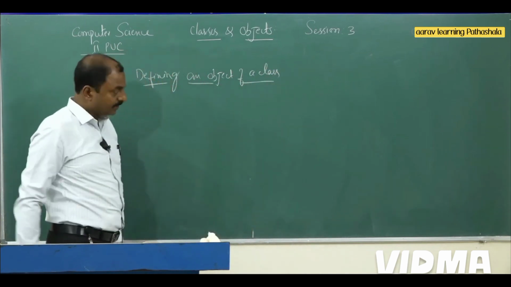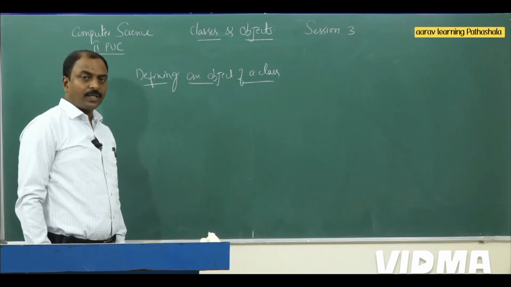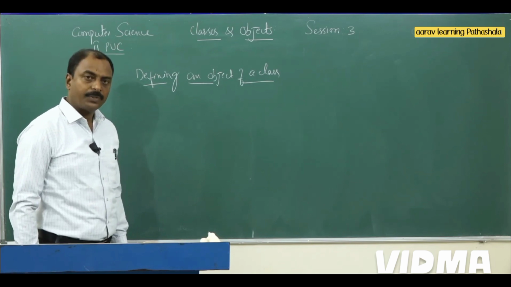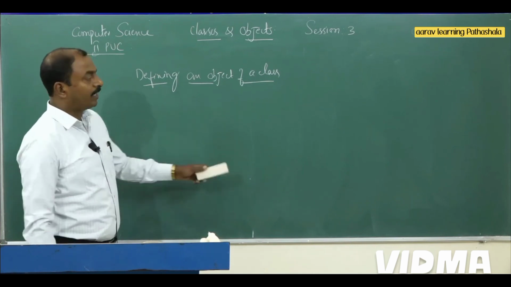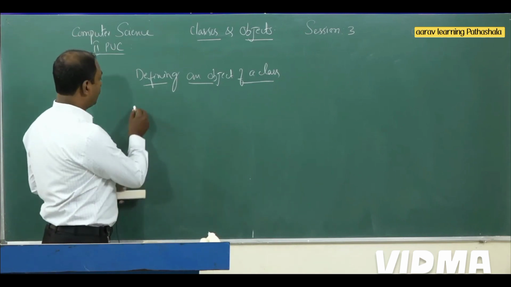There are two ways we can define the object of a class. We already learned one method in the previous example, so now let us see it once again.